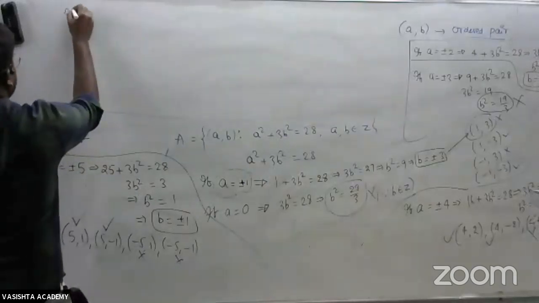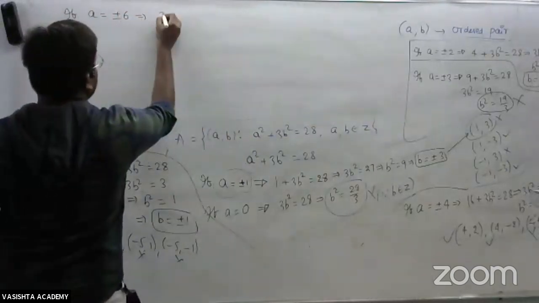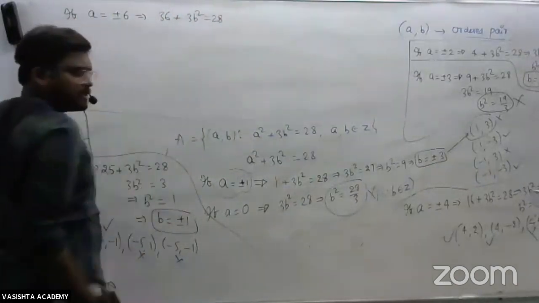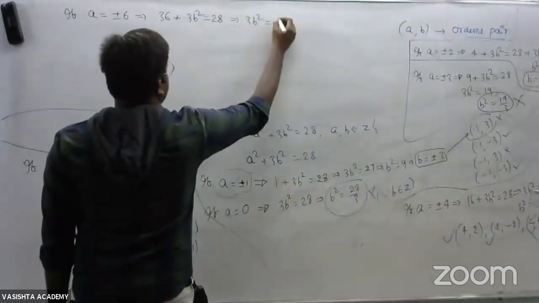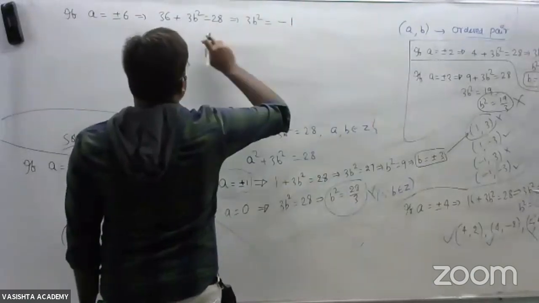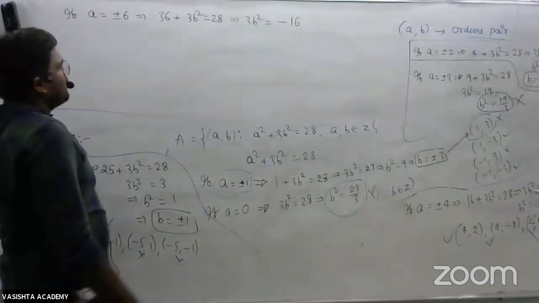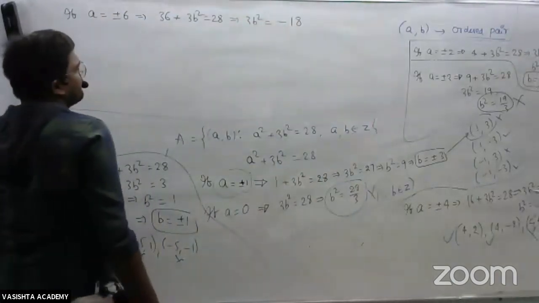Finally, if I take a equal to plus or minus 6, what will you get? 36 plus 3b square equal to 28. Now from here, 3b square equal to how much? Minus 16, right? No, minus 18, sorry.